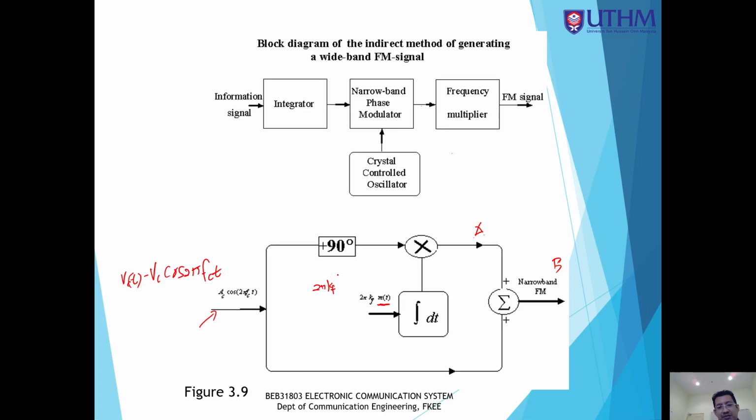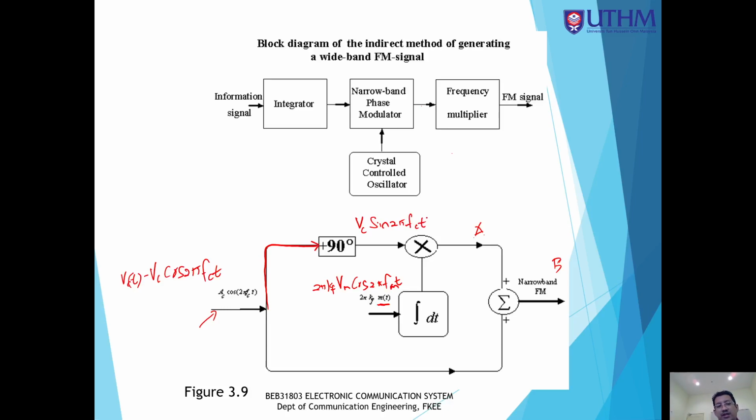MT is a VMT, so that means this is 2 pi KF VM cos 2 pi FMT. Okay. And you see that the input carrier is put inside the 90-degree phase shifter. So what happened is that here would become VC sine 2 pi FCT.